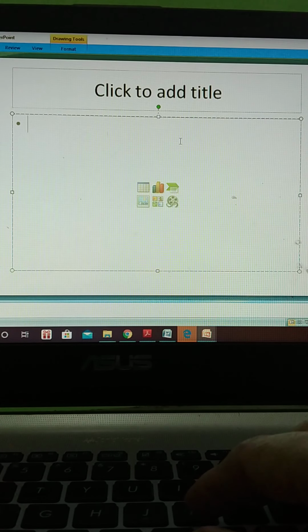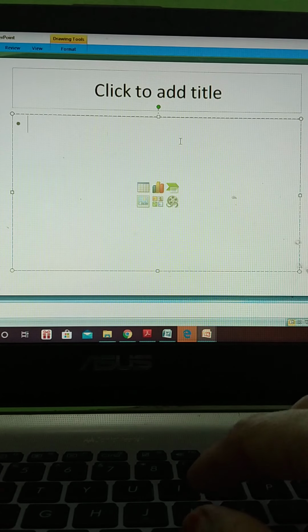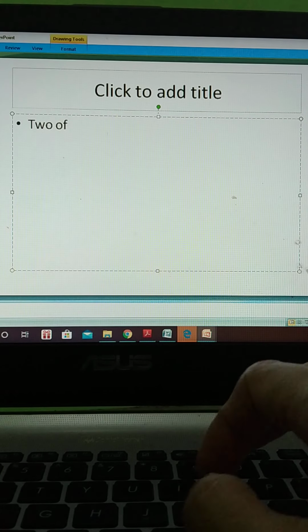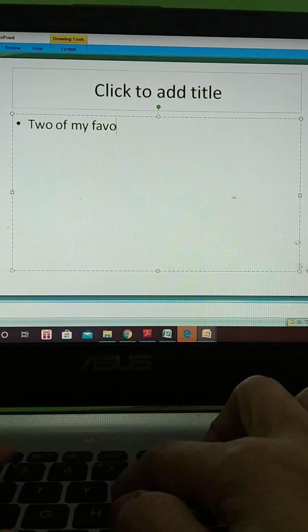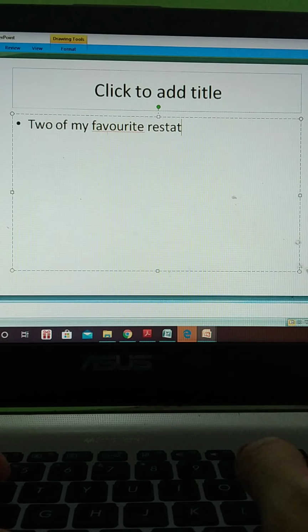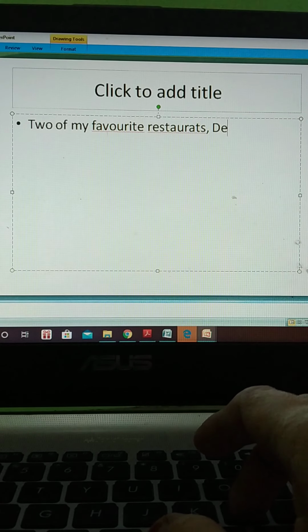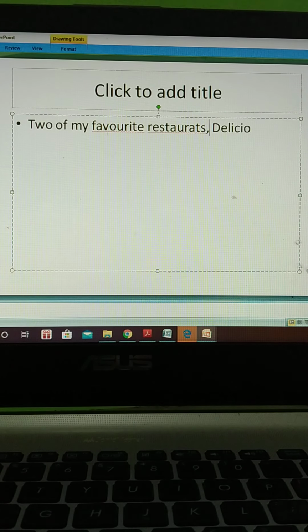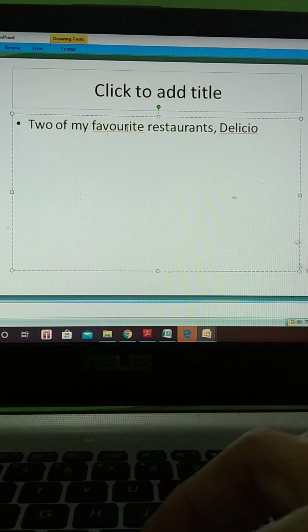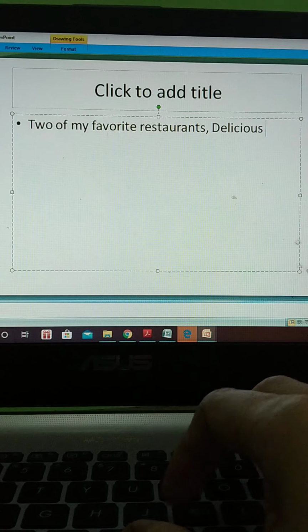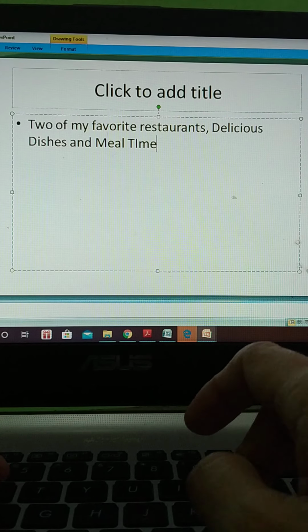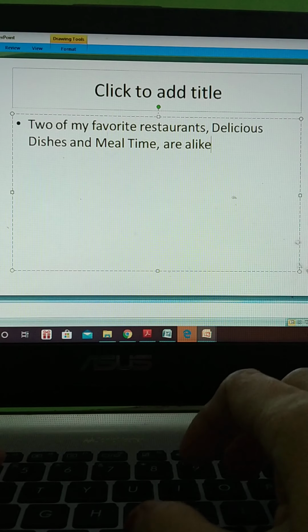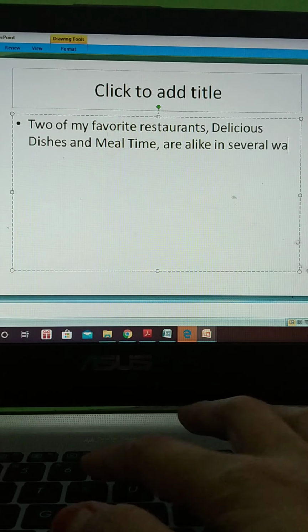For example, on page 195, my favorite restaurants. Two of my favorite restaurants, delicious dishes and mealtime are alike in several ways.